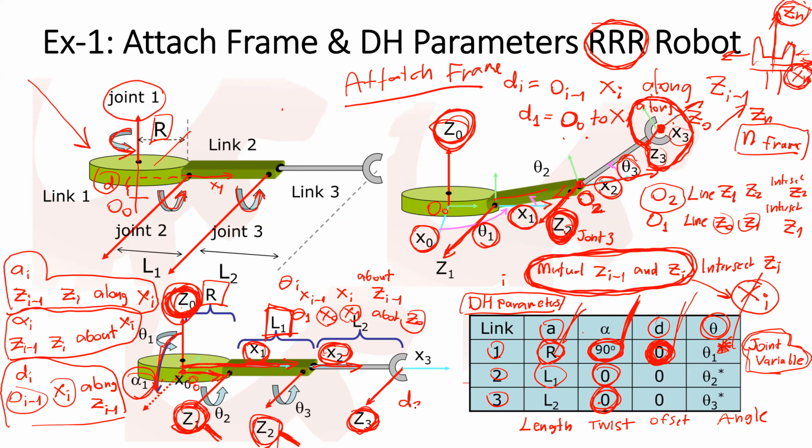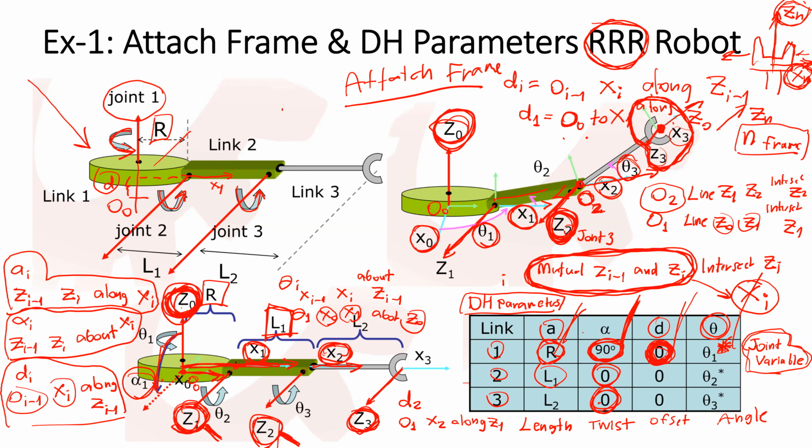along C1. D2 is the distance between O1 and X2 along C1. O1 is here and X2 is on the same level.